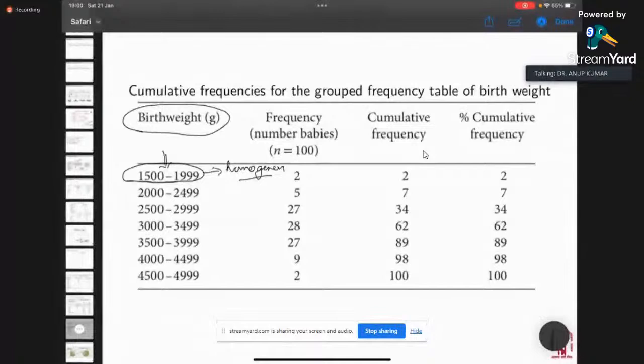This is how the class intervals are written, and how many children are born between 1500 gram to 1999 gram? Only 2 children are born like this. So in this way, you can present your continuous metric data in the form of a table.